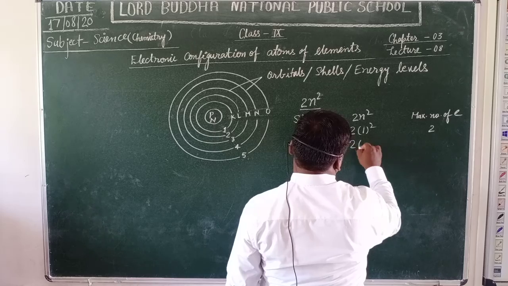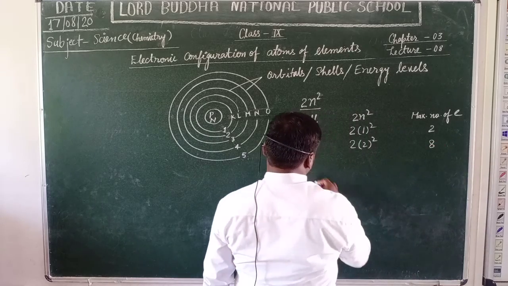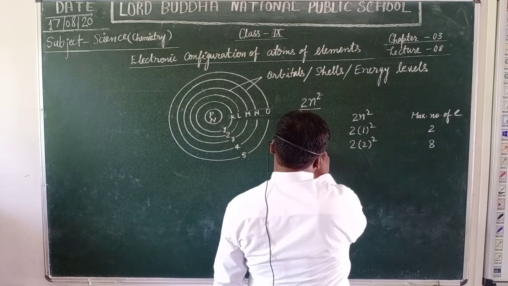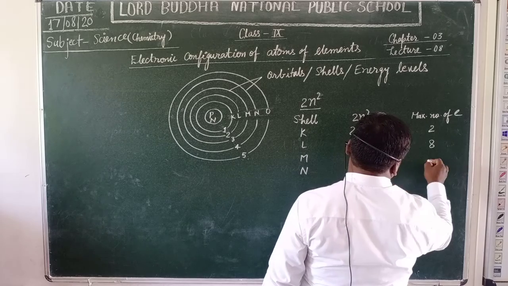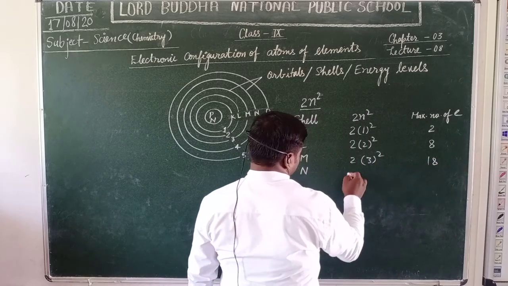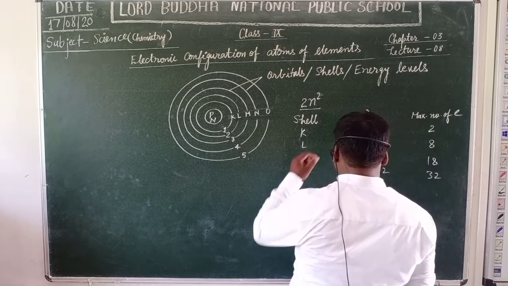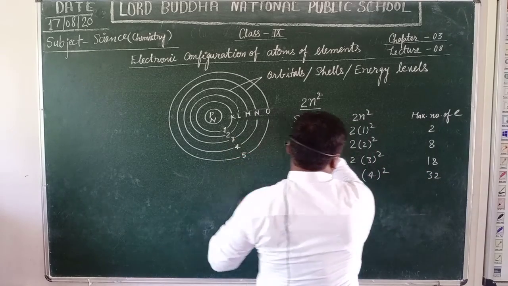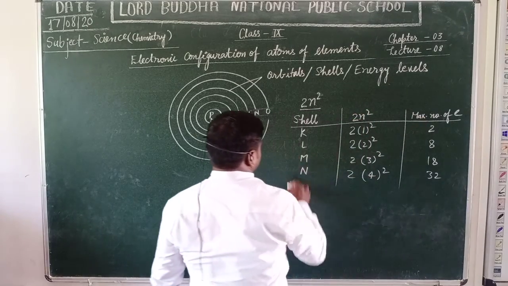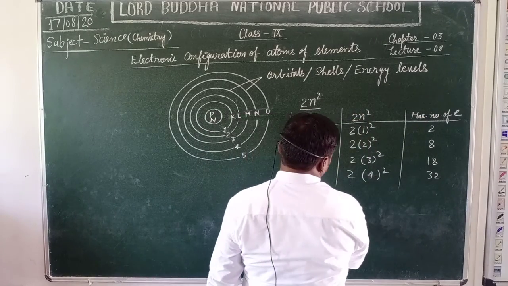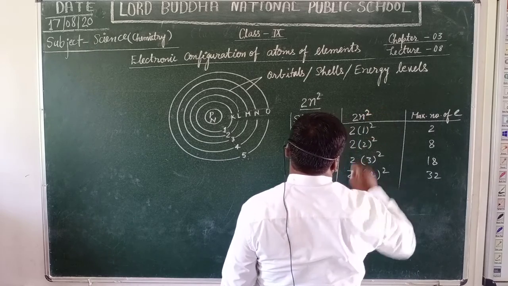In the L shell, there are 8 electrons. In the M shell, there are 18 electrons. In the N shell, there are 32 electrons, as determined by the Bohr-Bury scheme using the formula 2n square for each and every energy level.